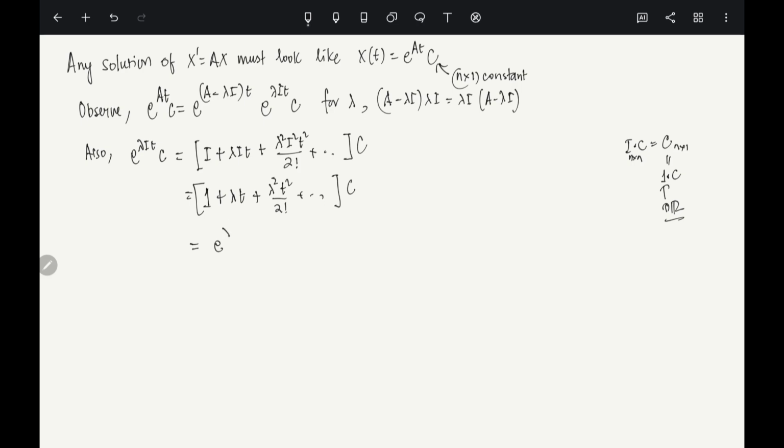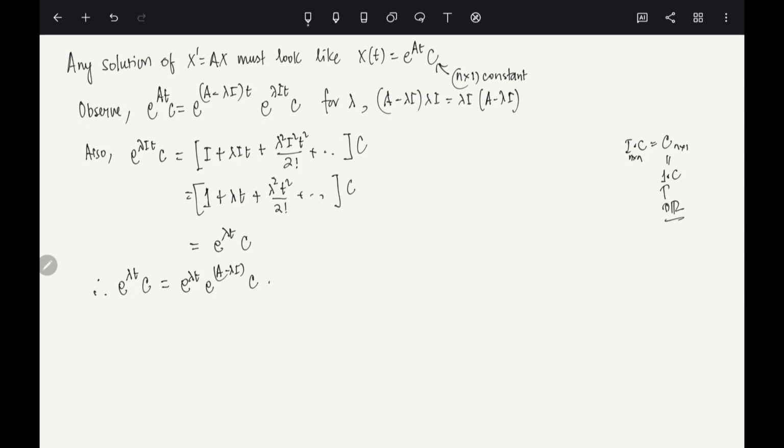This is nothing but e power lambda t times the matrix C. Therefore e power lambda t I times the vector C is nothing but e power lambda t, which is real, times e power A minus lambda I t times C. Is this okay? So one matrix exponential we just wrote as a scalar, and the other part is the matrix exponential part, right?